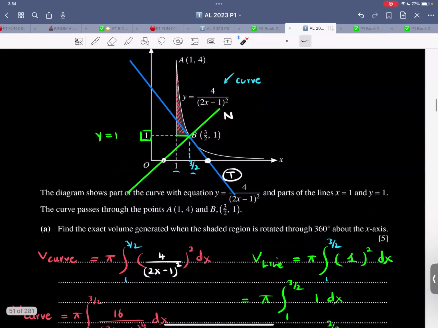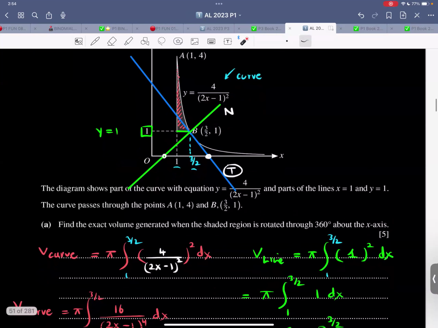Now, first of all, it's rotated about x-axis. The limits are already there. So now over here, what we do is that this is 3/2. This is 1, limit is there. You would integrate this curve and you will subtract this region.